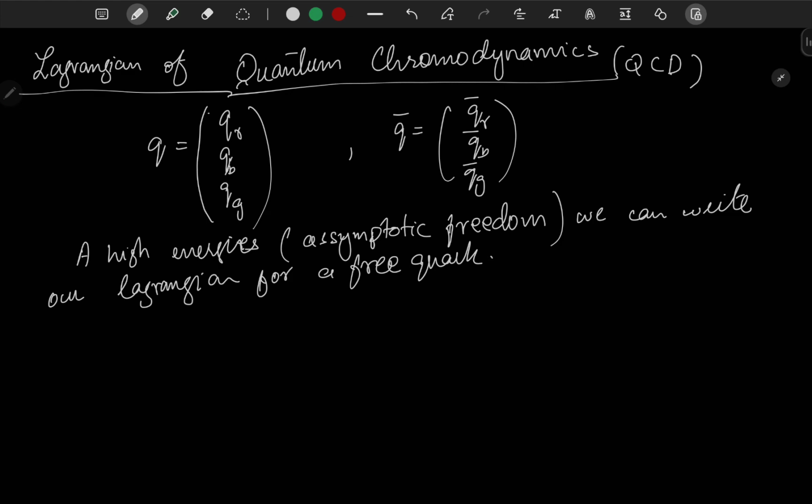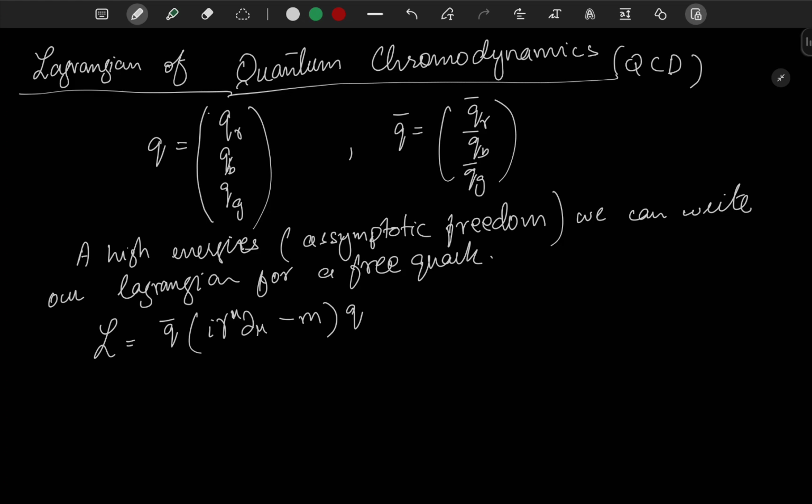Okay, so it will be the same as before, but we are no more in a fermionic field. Now we are in quark color space, and in QED we used psi, which was representing spinors. Here we are using Qs, which are representing the colors, the three color states.